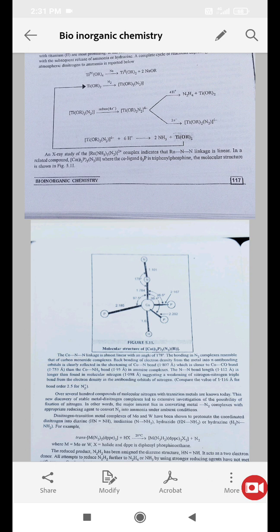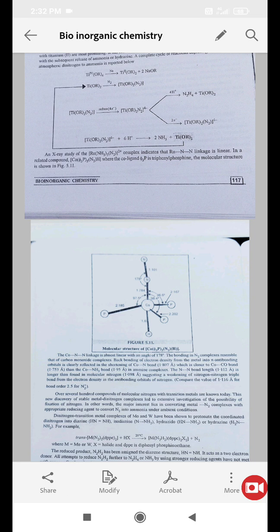Over several hundred compounds of molecular nitrogen with transition metals are known today. This new discovery of stable metal dinitrogen complexes led to extensive investigations of the possible fixation of nitrogen. In other words, major interest lies in converting metal nitrogen complexes with an appropriate reducing agent to convert N2 into ammonia under ambient conditions.